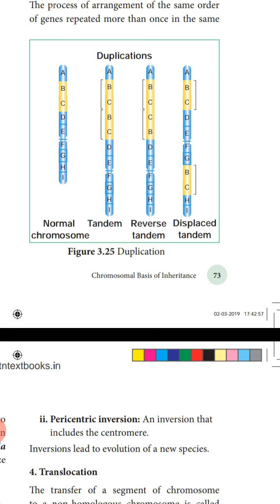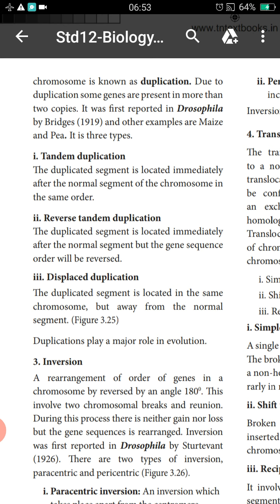So here duplication is of three types: tandem duplication and reverse tandem duplication. In tandem duplication, the duplicated segment is located immediately after the normal segment of the chromosome in the same order. So here the duplicated segment, as we studied in the example, BC is getting duplicated and it is present immediately after the normal segment.